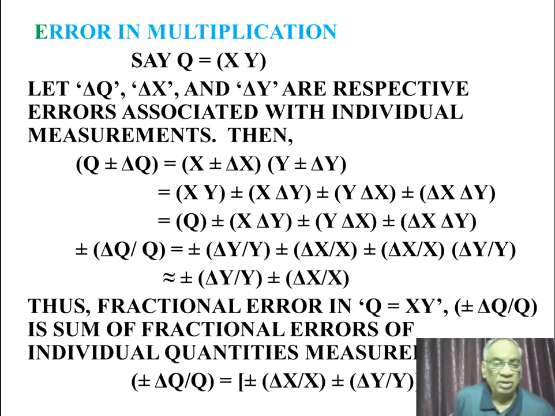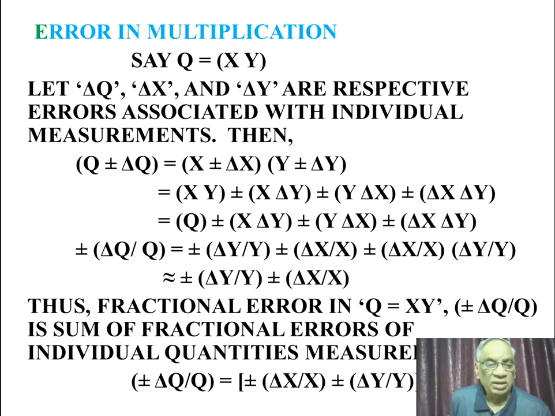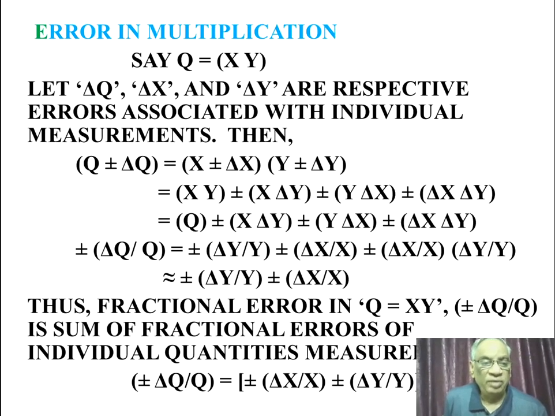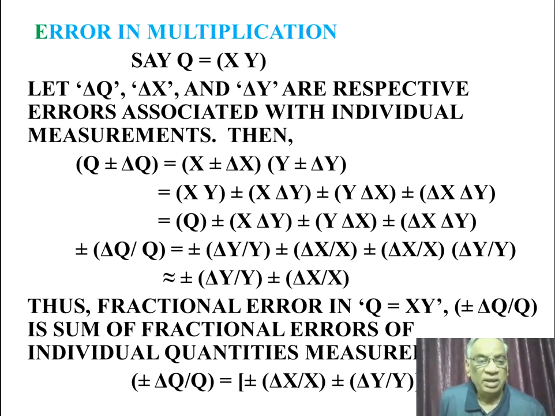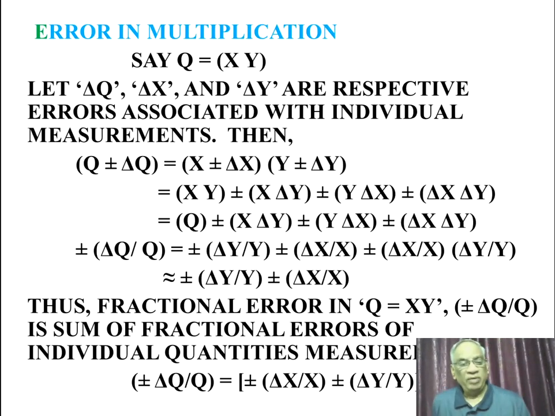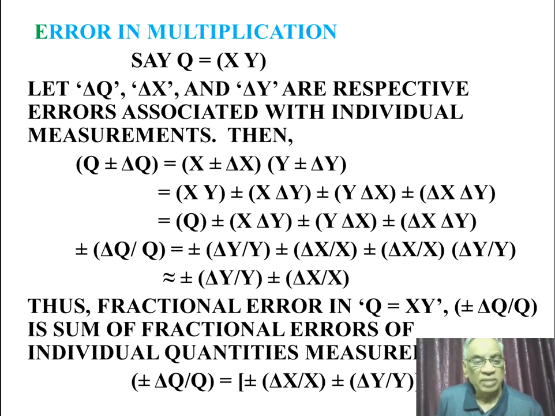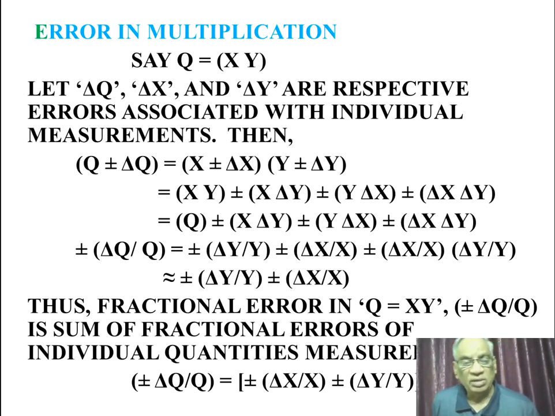Errors being small, you can ignore delta x delta y. So if you divide with q, then delta q by q is equal to plus or minus delta x by x, plus or minus delta y by y. Approximately, the delta x delta y term, being very small, you can ignore.